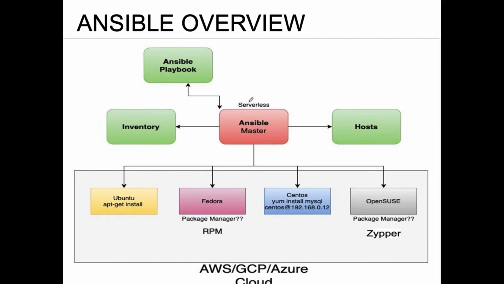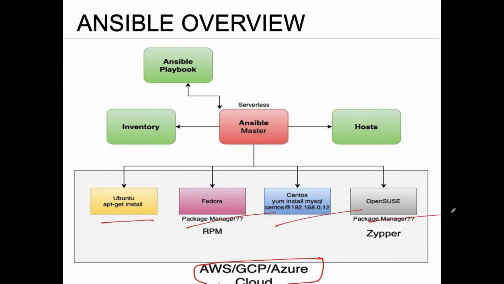the Ansible. Later on, we have already come across writing the playbooks, and those inventories are attached to this master machine. Below that, you can see we have different machines in different clouds like AWS, GCP, Azure, and your machine might have different flavors of Linux like Ubuntu, Fedora, CentOS or OpenSUSE.